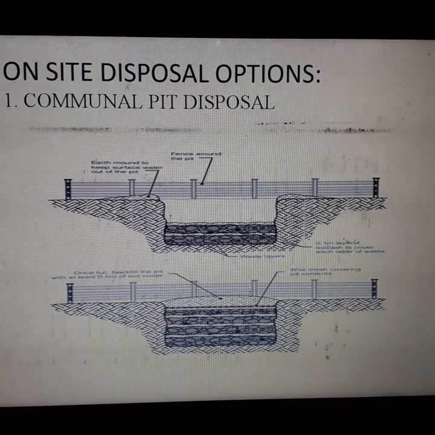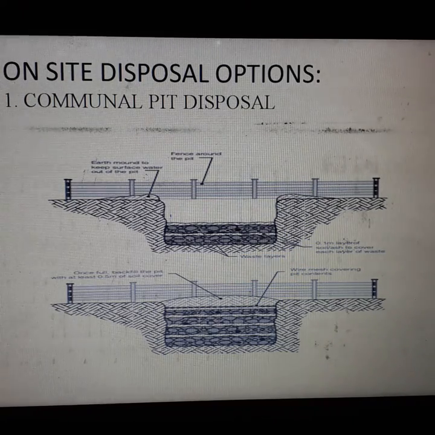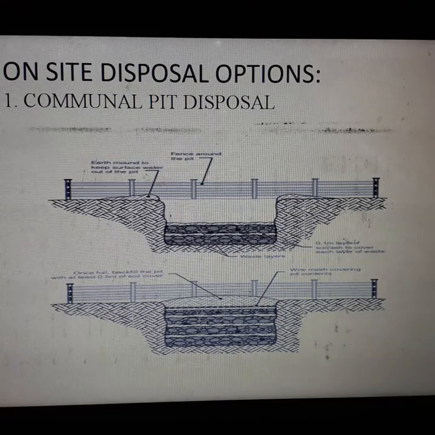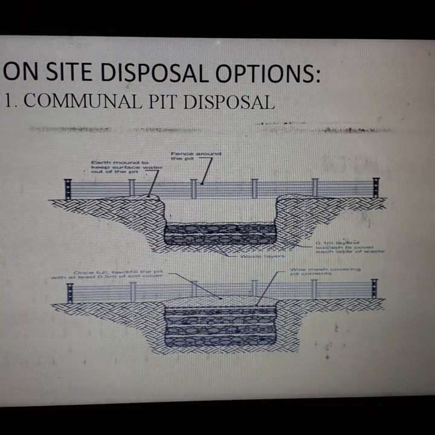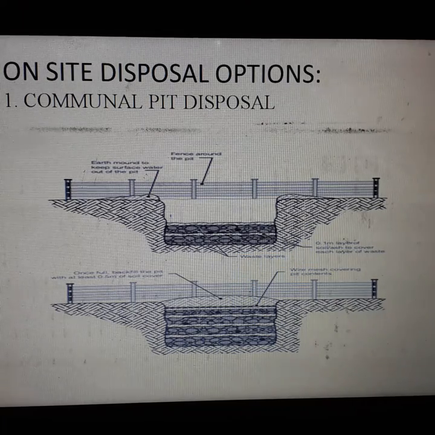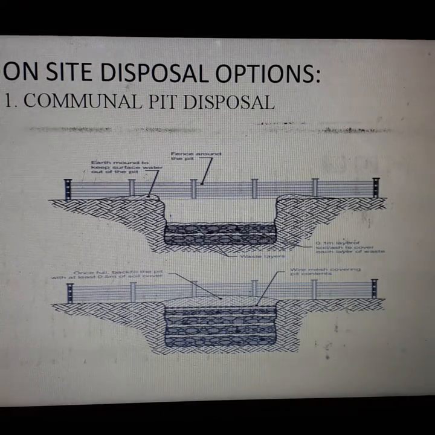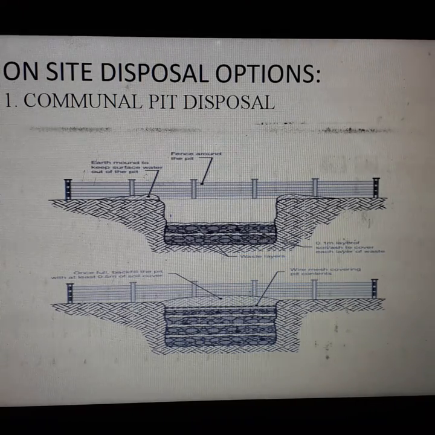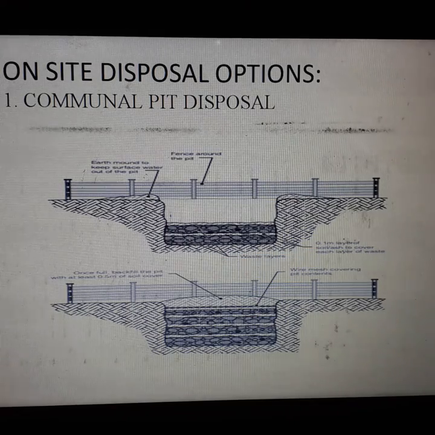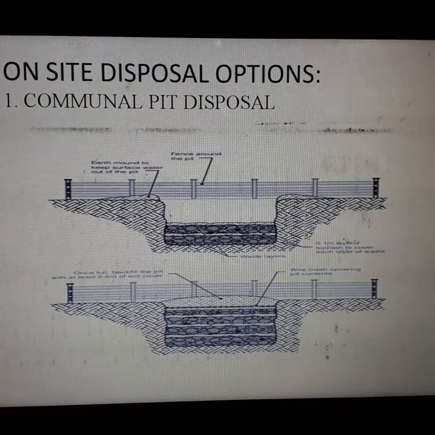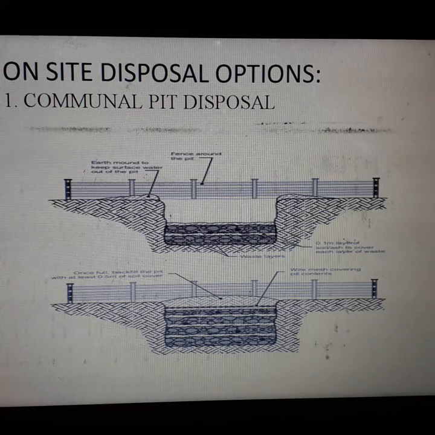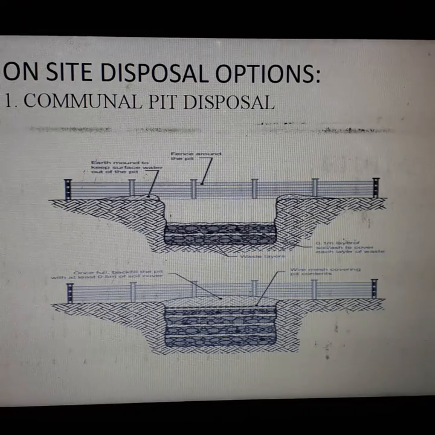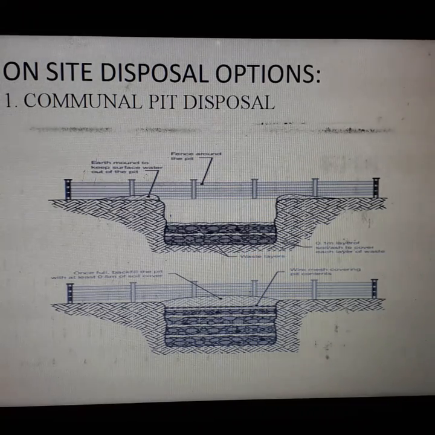The pits should be fenced off to prevent small children falling in and should generally not be more than 100 meters from the dwelling to be served. The advantage of communal pit disposal is it is rapid to implement and requires little operation and maintenance.